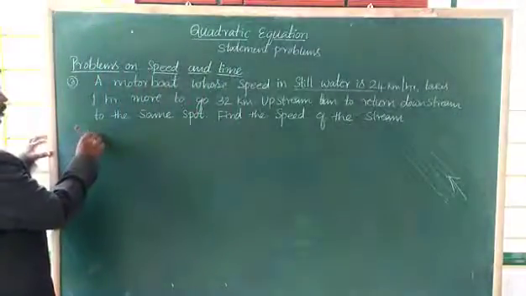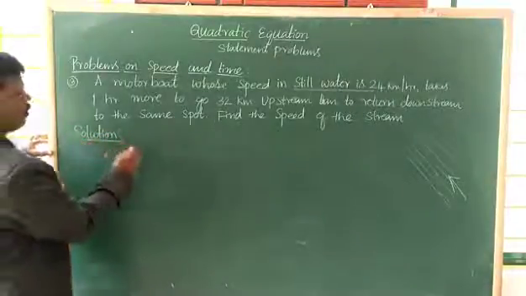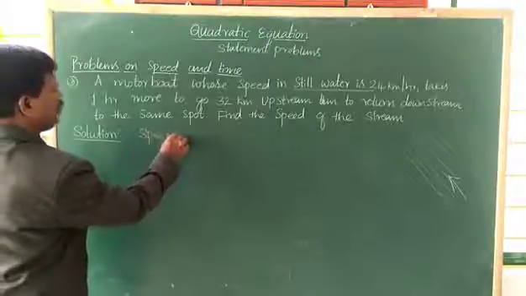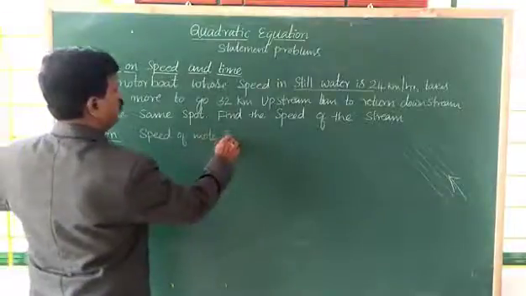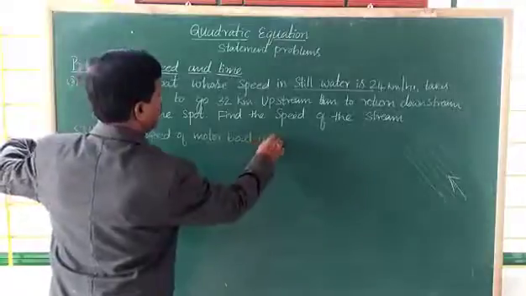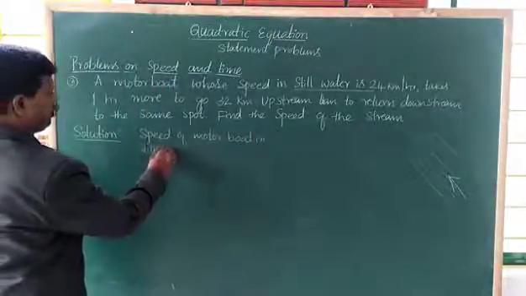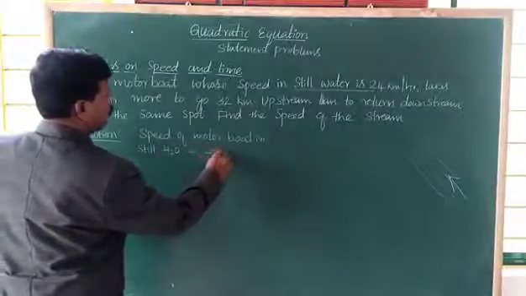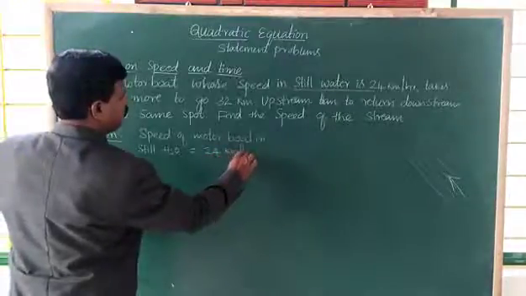So, solution. Speed of motor boat in still water is equal to 24 km per hour.